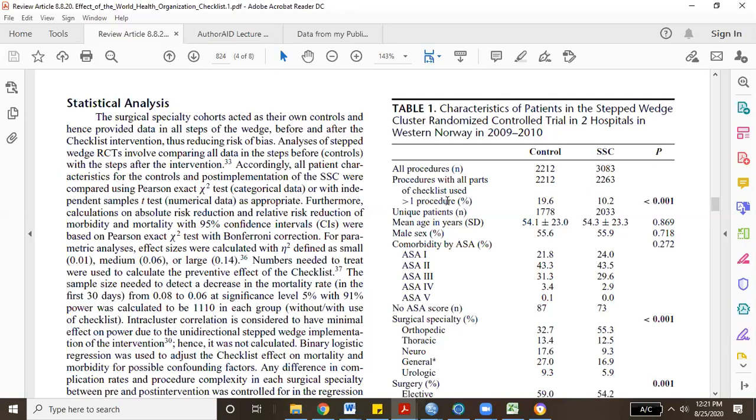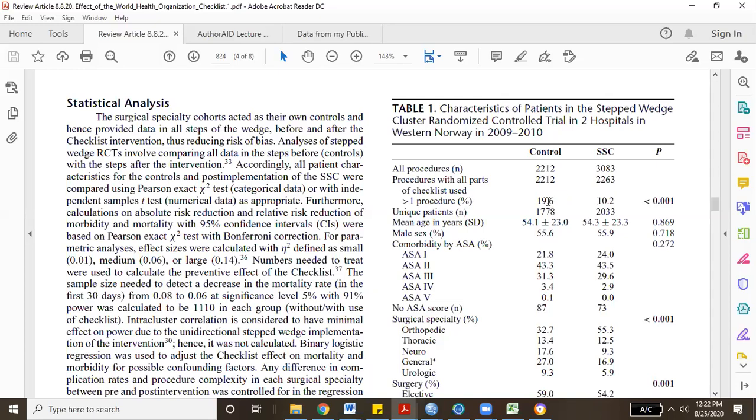So the percentage for more than one procedure being performed on the patients for the control side was 19.6. And for the treatment group, which is the group that was exposed to the checklist, it was 10.2.